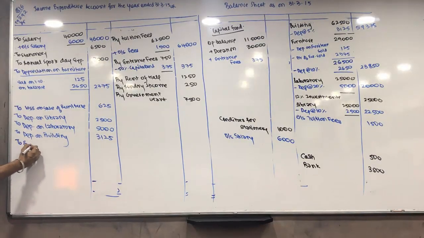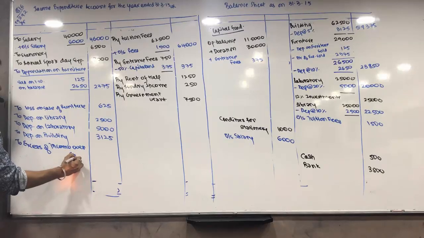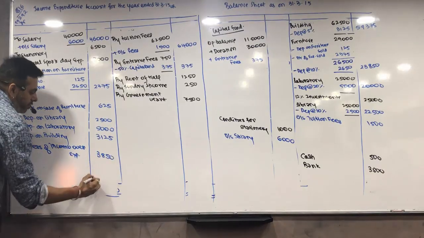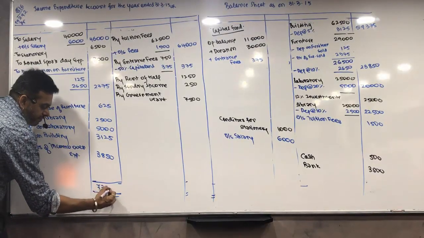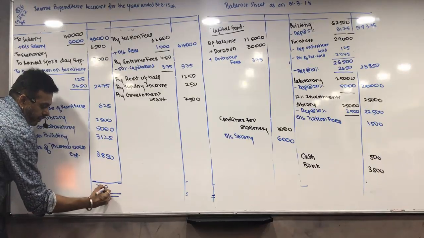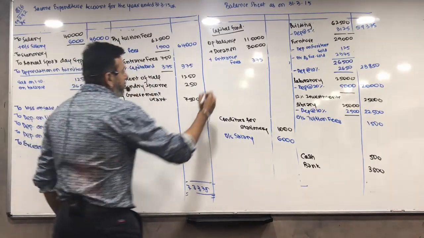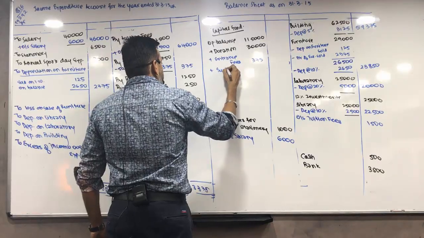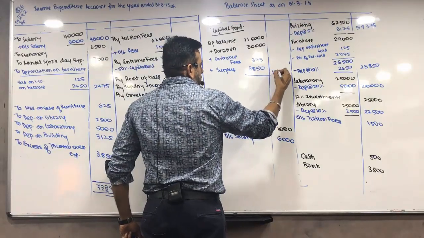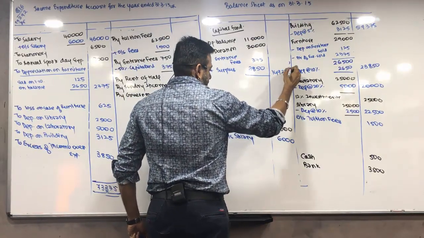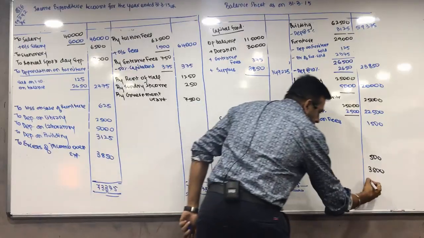To write down excess of income over expense, 3850. What's the total? 73375. 73375. Transfer it, plus surplus.